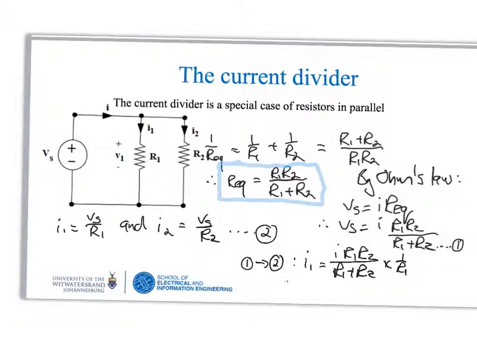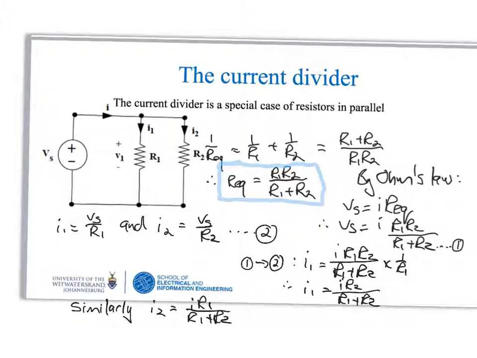And so therefore I1 is equal to I R2 over R1 plus R2, and similarly I2 is equal to I R1 divided by R1 plus R2.